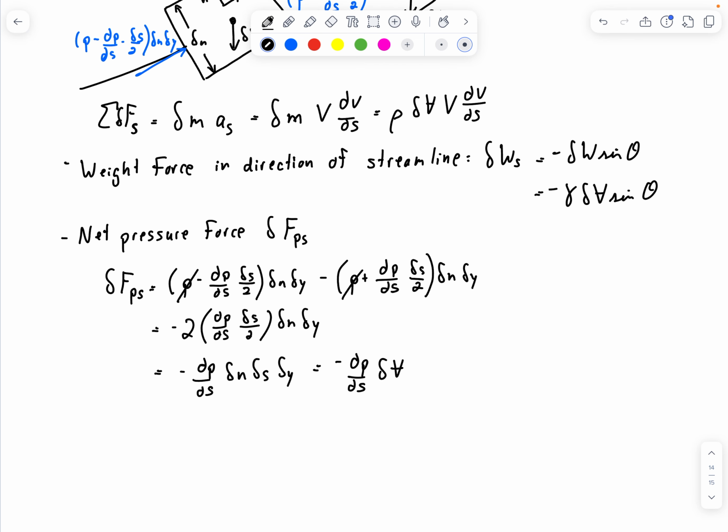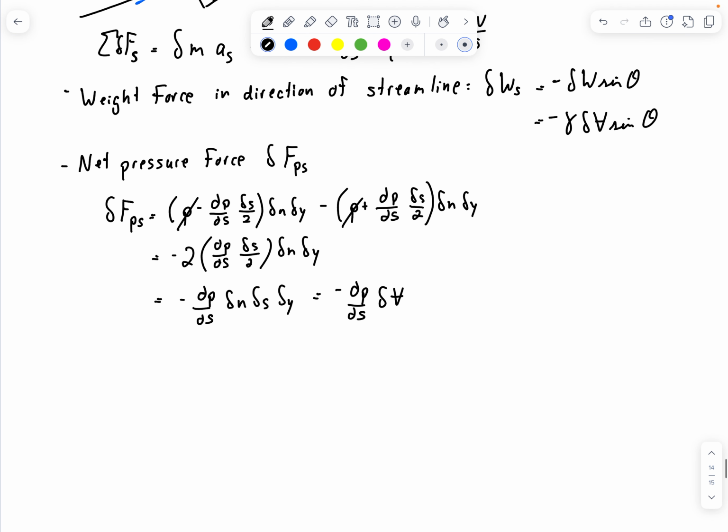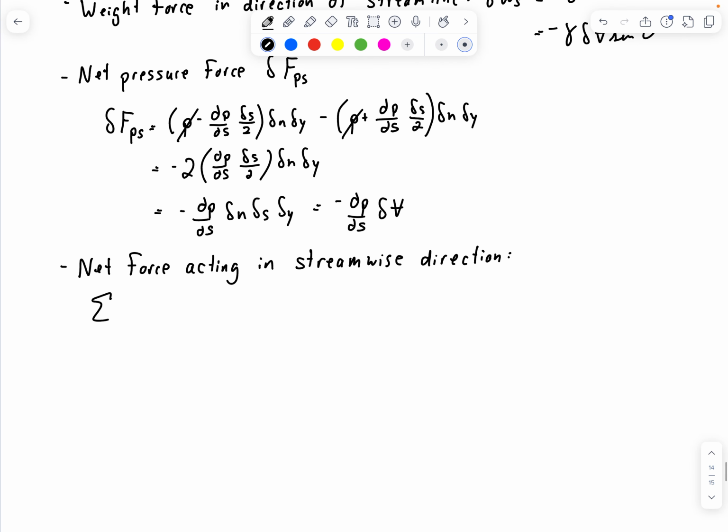So we've looked at the two forces that we have, the weight force in the direction of the streamline, and the net pressure force, which is also in the direction of the streamline. And so now we can add those two together and say our net force acting in the streamwise direction is going to be, if we sum up those forces, the streamwise component of the weight force plus the pressure force.